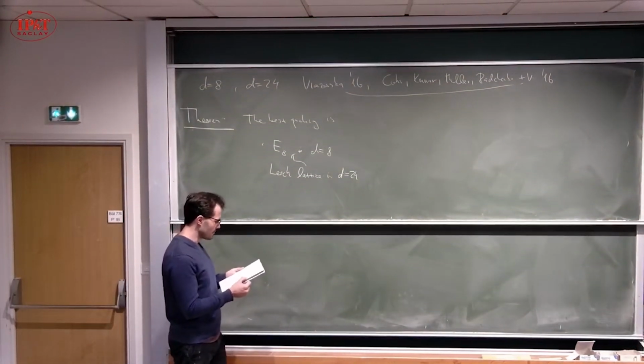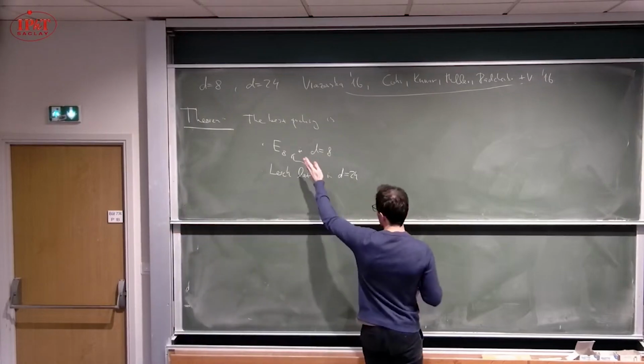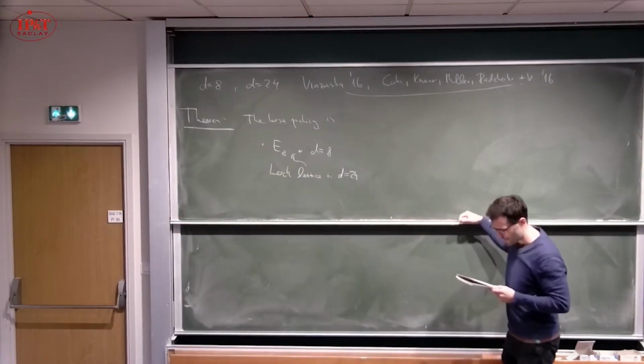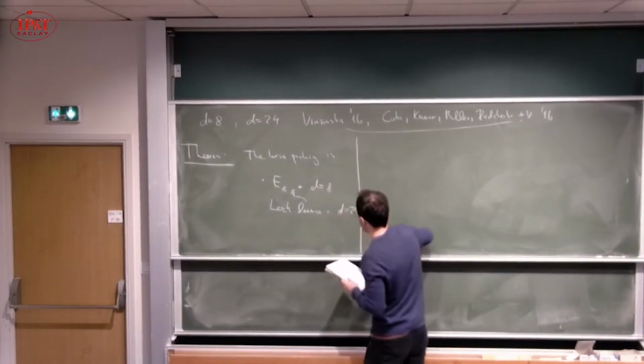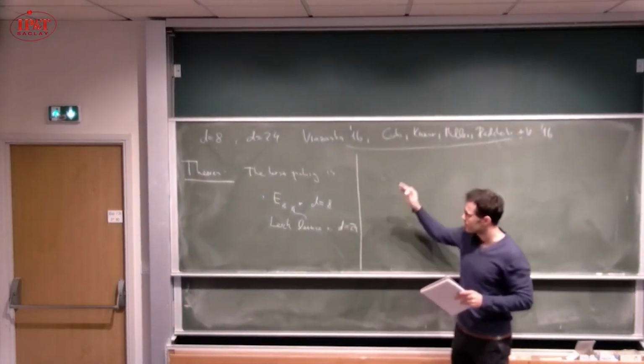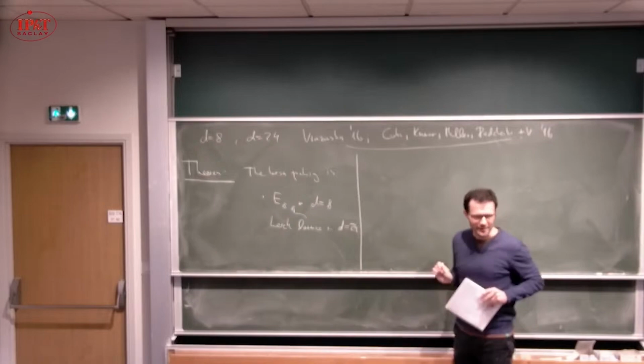Before I tell you how to prove it, I first need to tell you a little bit about these lattices. So in particular, in 8 and 24 dimensions, the best packing is a lattice packing.